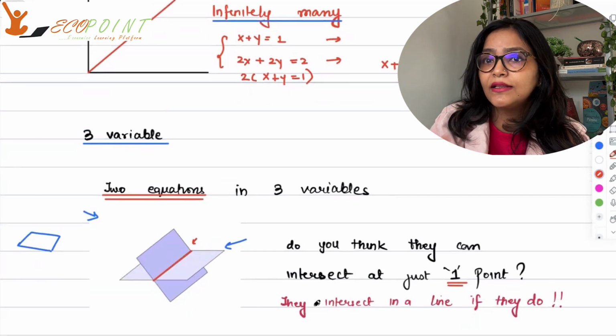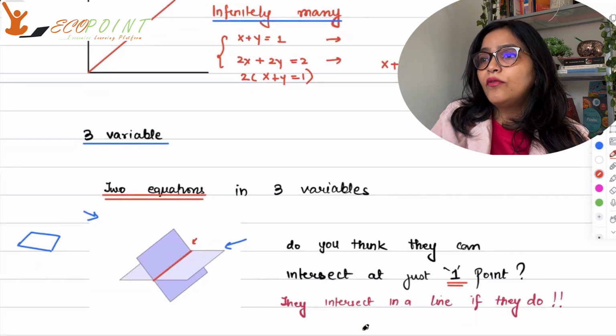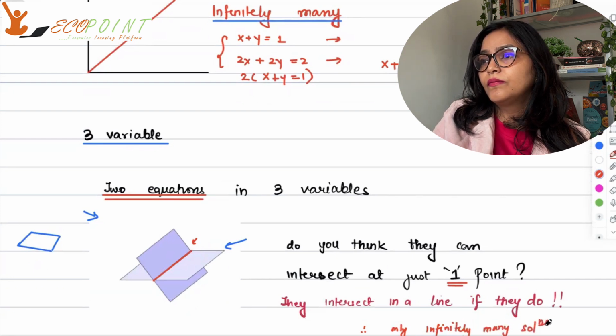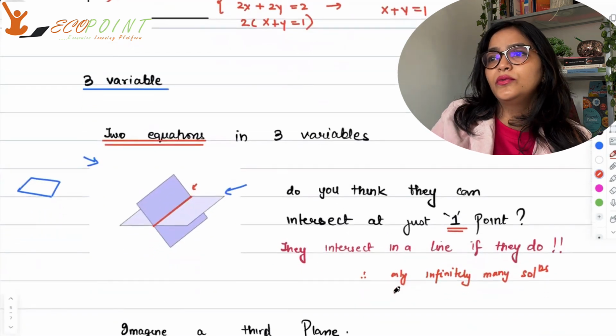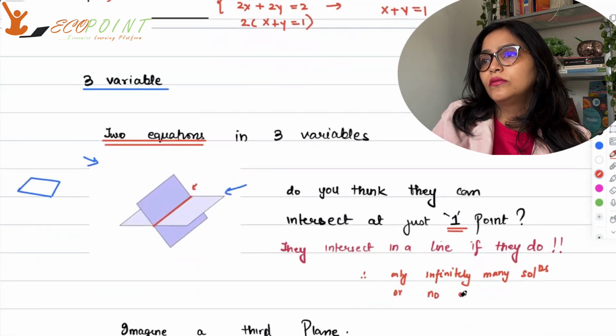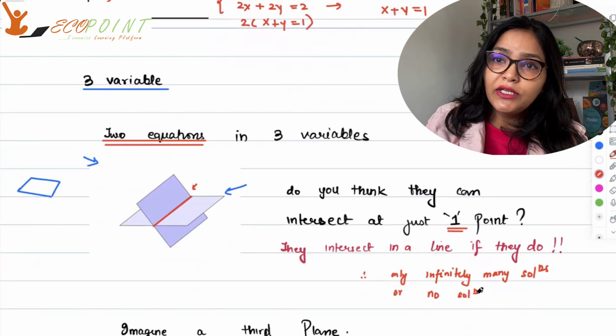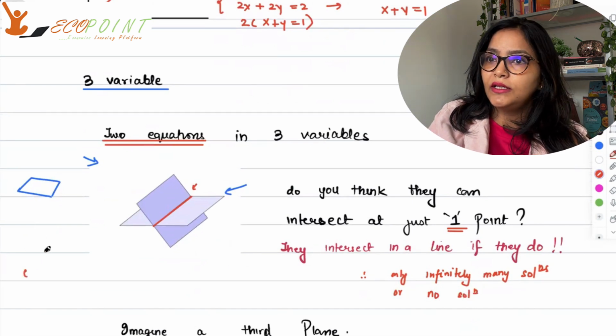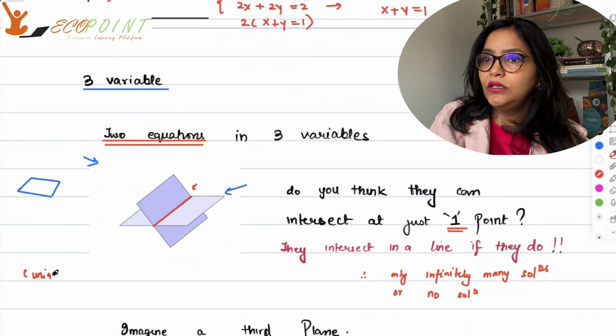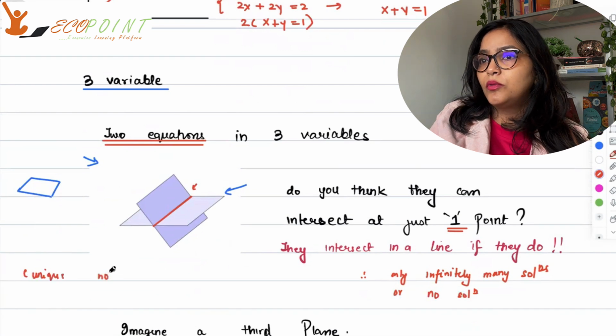If they intersect in a line, therefore only infinitely many solutions or no solution is possible. But a unique solution is not possible. In this scenario, unique, not possible.